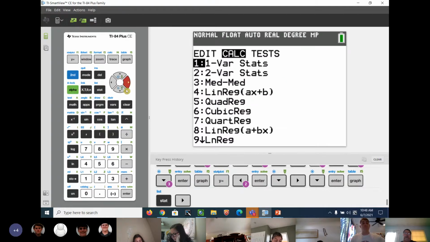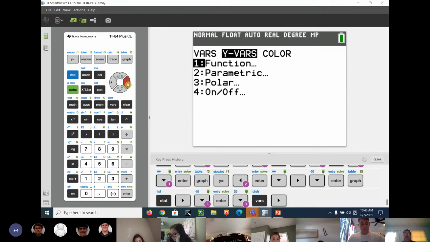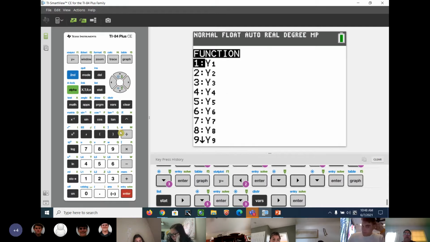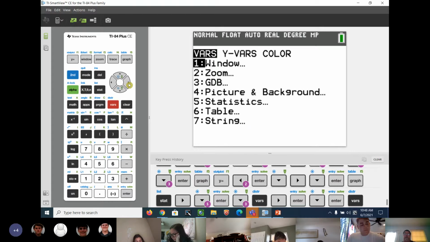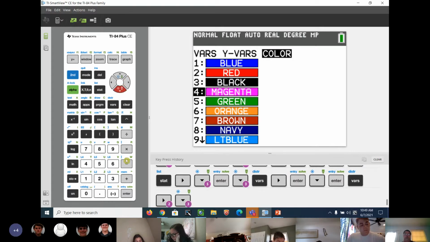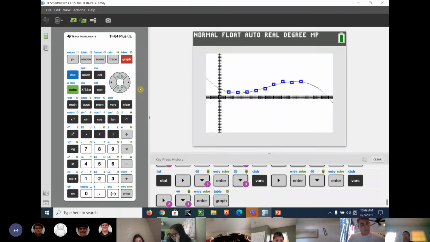Stat, calculate, cubic regression, L1, L2, vars, y vars, function, and y sub 2. I messed up. And let me make sure it says magenta. And graph. Well, it's not graphing it. I don't know why it's not graphing it.